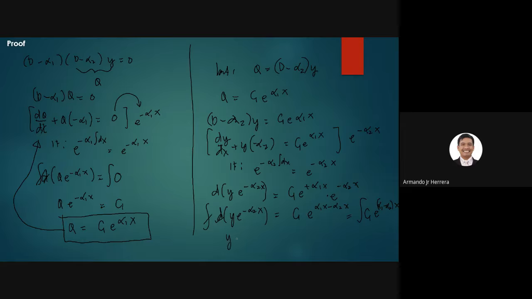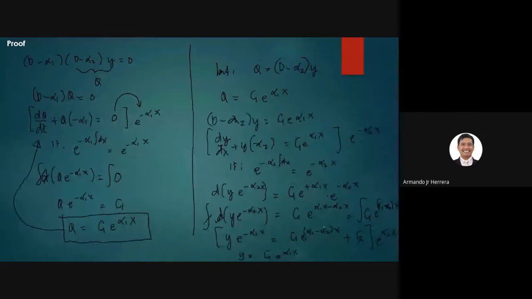So this gives us y e to the minus alpha 2 of x equals c1 e raised to alpha 1 minus alpha 2 of x plus our constant 2. To solve for the value of y, I just need to multiply it by e to the alpha 2 of x to cancel this out. So giving us y is equal to c1 e raised to alpha 1 of x.